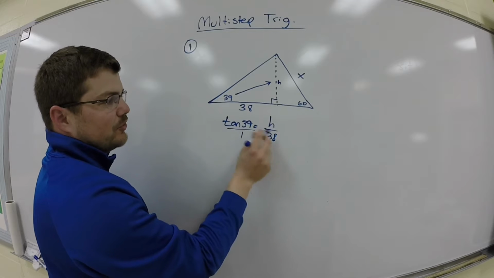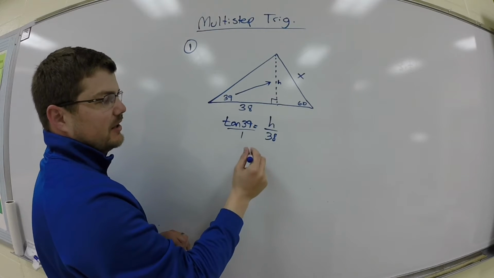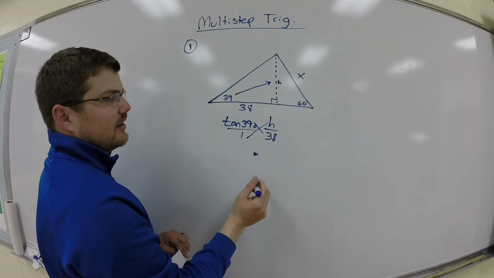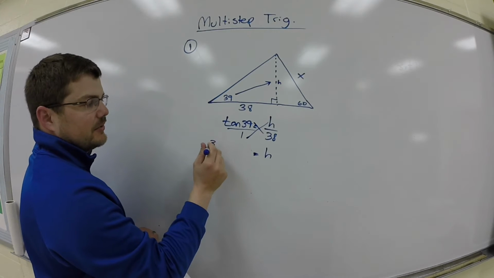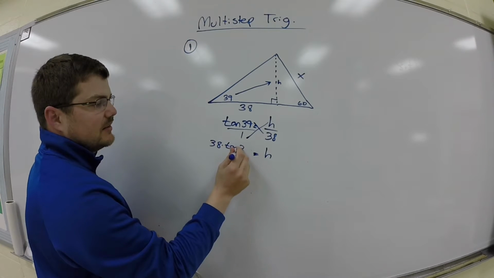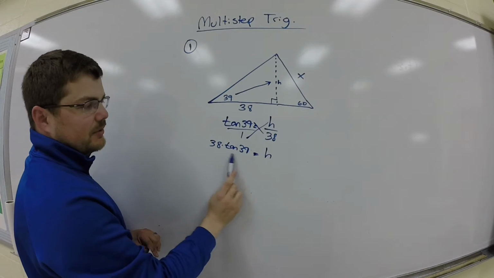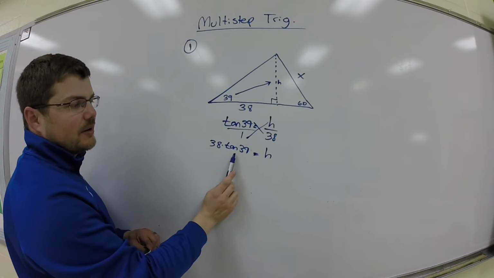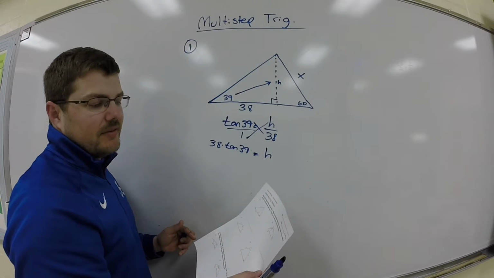And let's cross multiply and get our height by itself. So if I cross multiply here, 1 times h and 38 times tangent 39, 1 times h is h. 38 times tangent 39 is going to be my value here, my height. So let's plug in our calculator 38 times tangent 39, and it tells us round intermediate values to the nearest tenth.